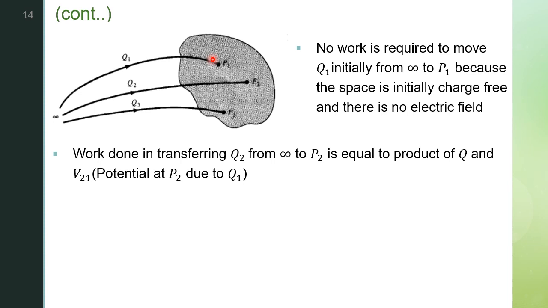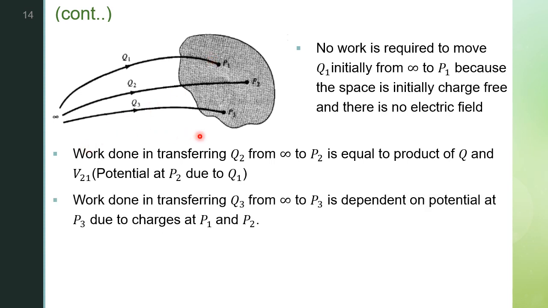Next, when you bring the charge Q3 to point P3 from infinity, it will depend on the charges Q1 as well as Q2. That is, there will be a potential at P3 due to the charges at points P1 and P2. Thus, the total work done in assembling these charges is given by WE equal to W1 plus W2 plus W3, where W1 is the work done in bringing charge Q1, W2 is the work done in bringing charge Q2, etc.